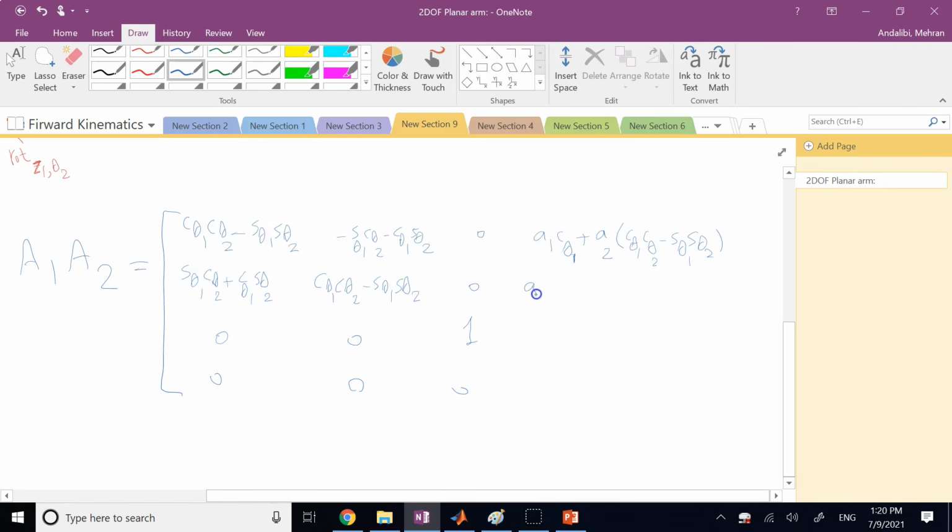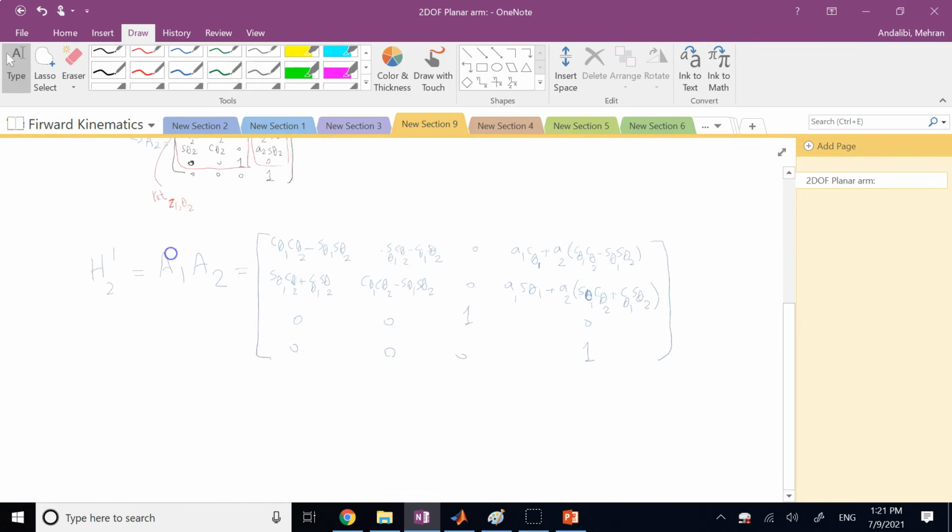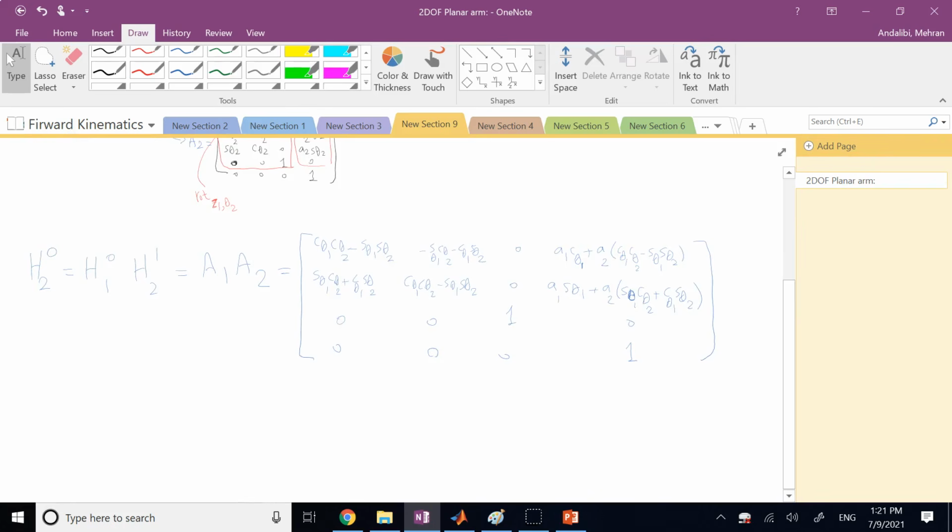This is going to be A1 sine theta 1 plus A2 times (sine theta 1 cosine theta 2 plus cosine theta 1 sine theta 2). Then you will get a 0 and a 1. So this is what you will get as the overall H matrix.